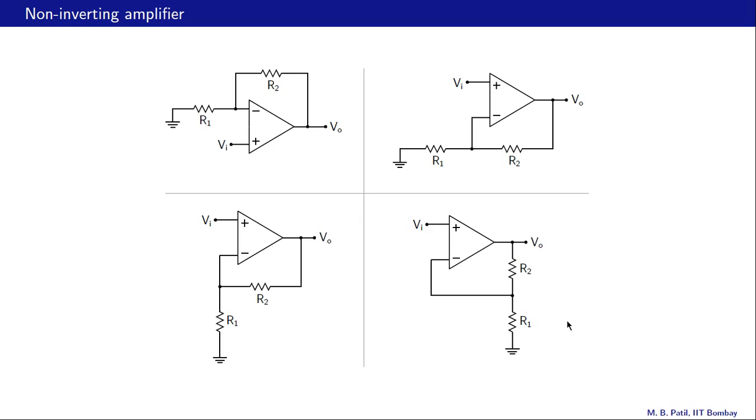So there are these seemingly different ways of drawing the same circuit, and we might come across these in some real examples. So we should be familiar with these different ways of drawing the same circuit.